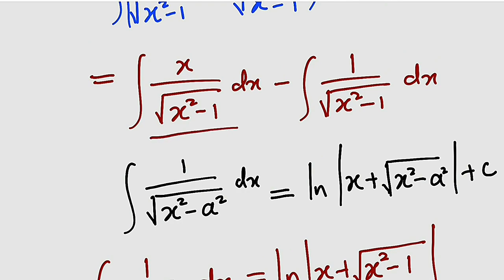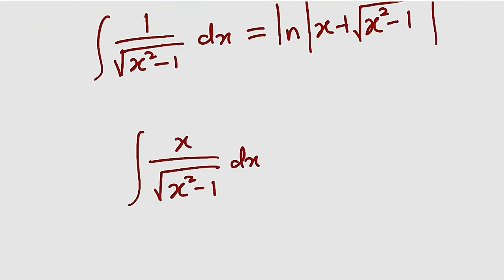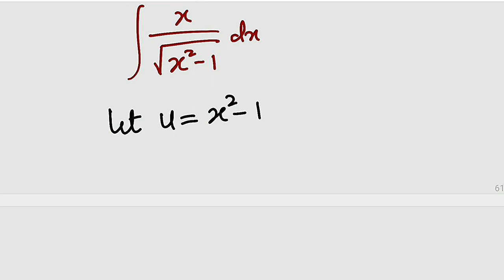Let us come back to this one. So this is what we need to integrate before we join it with the other one. We can let u be equal to the radicand here, x squared minus 1. Let us differentiate both sides. We have du over dx equal to, differentiate x squared, you get 2x.